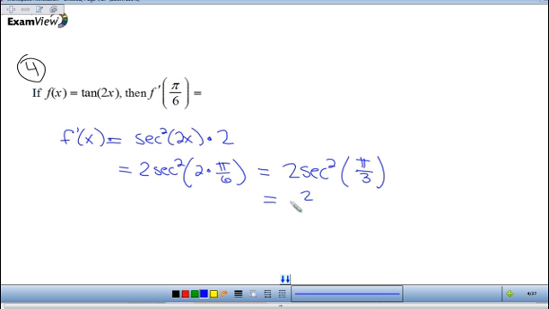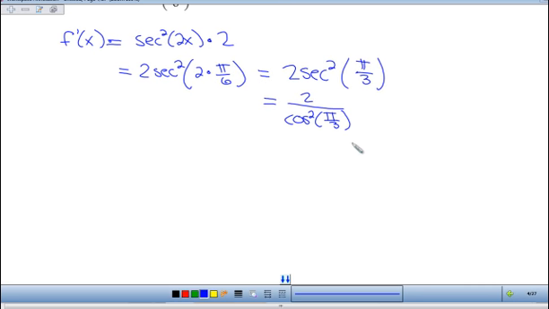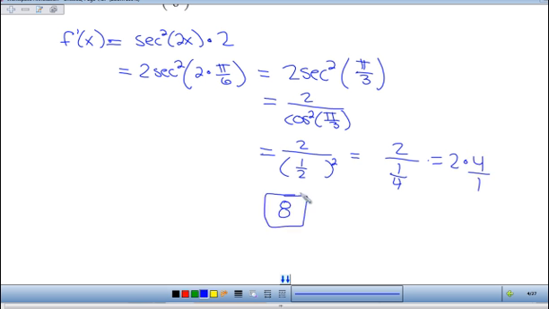Well, secant, I can rewrite as 1 over cosine. So secant squared of pi over 3 is 1 over cosine squared of pi over 3. And cosine of pi over 3 would be 1/2. We need to square that. So we get 2 over 1/4, which is 2 times 4 over 1. And we get 8.